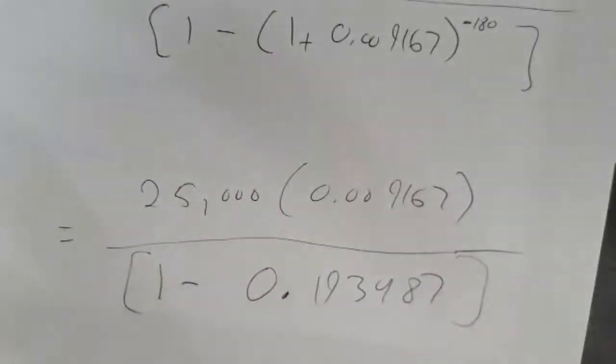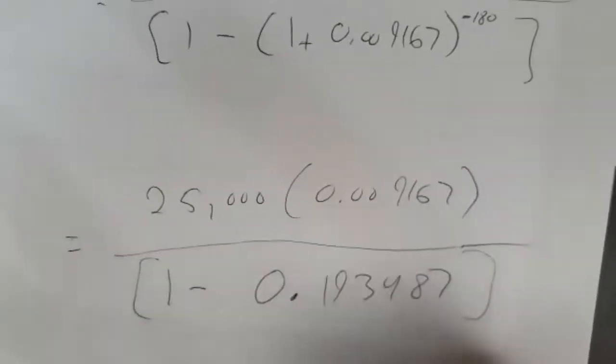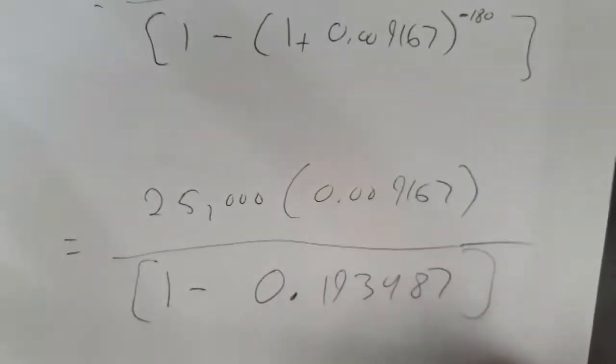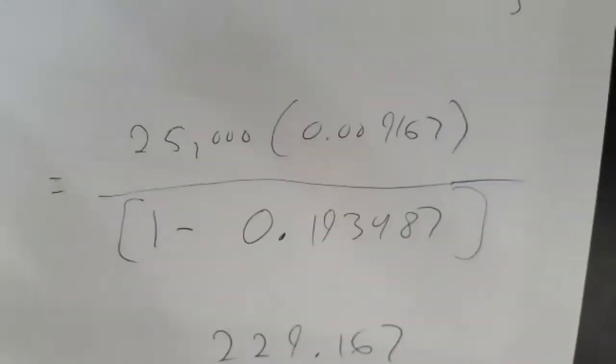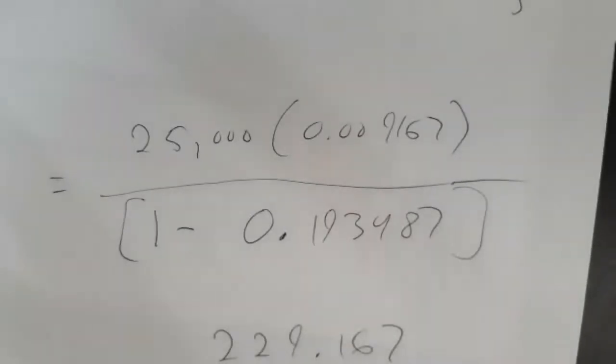I'm multiplying these two, I'm subtracting these two. I'm getting something like 229.1. And on the bottom, I'm getting something like, and subtract this from 1, 0.8065.